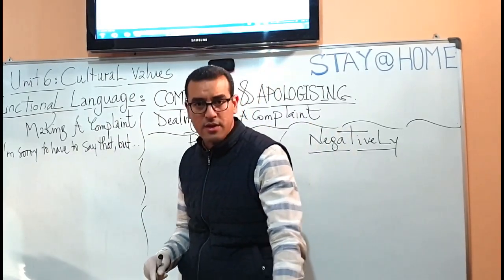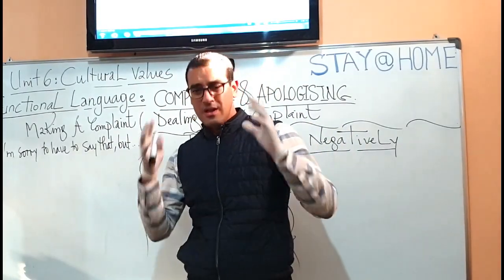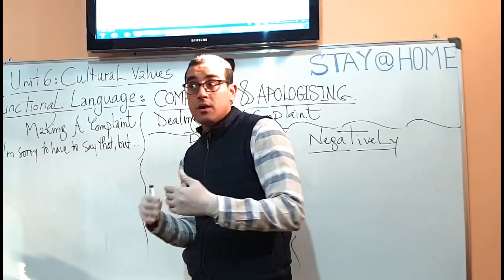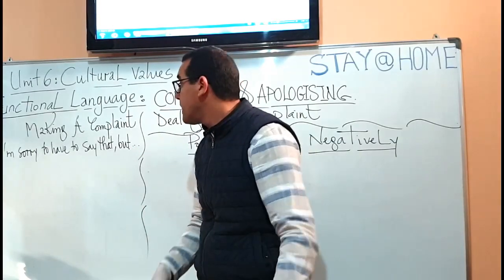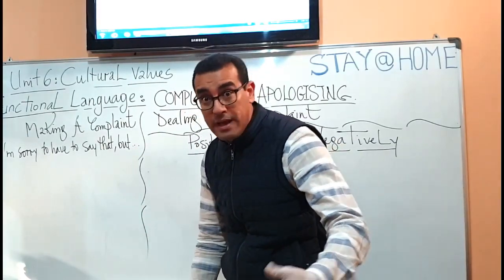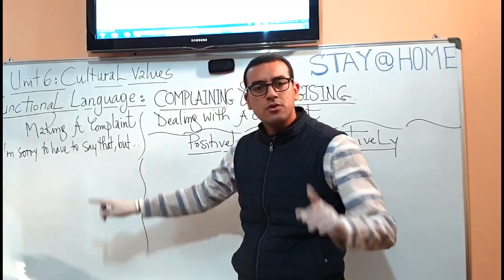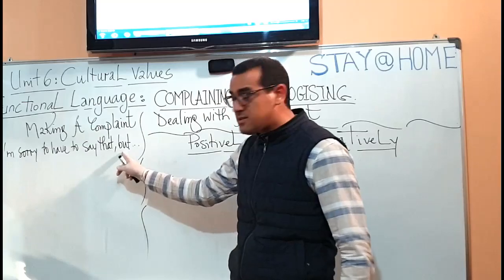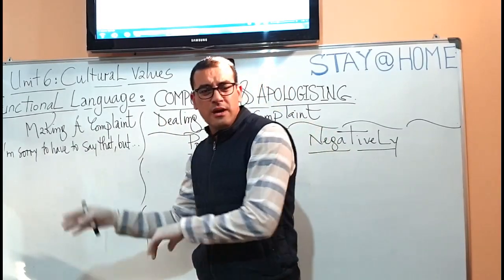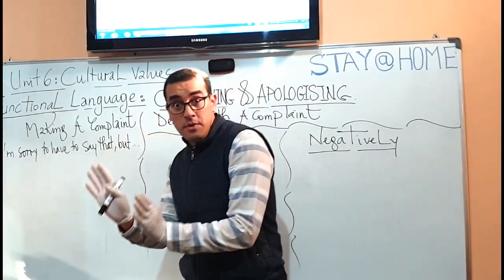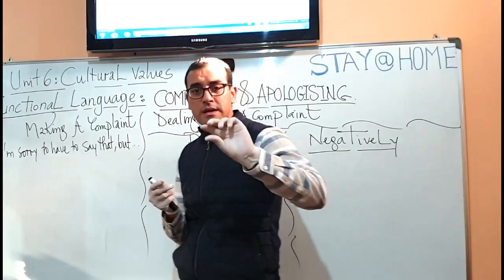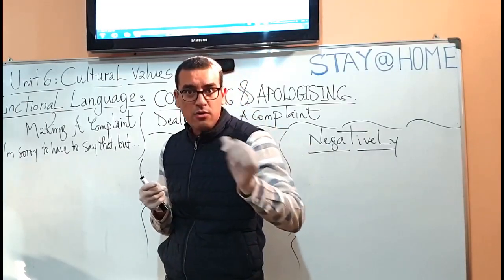Your younger brother or sister is listening to loud music while you are maybe preparing for an exam. So the way you are going to complain to them is this. I'm sorry to have to say that, but you are listening to loud music, or but your music is too loud. Can you turn it down, please?